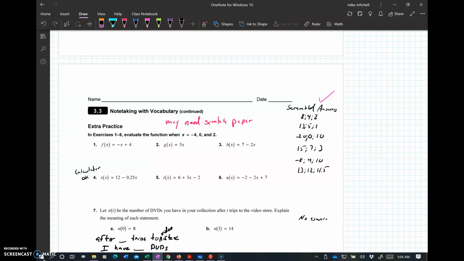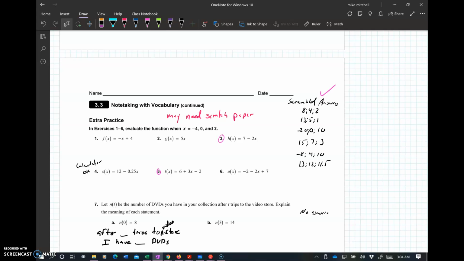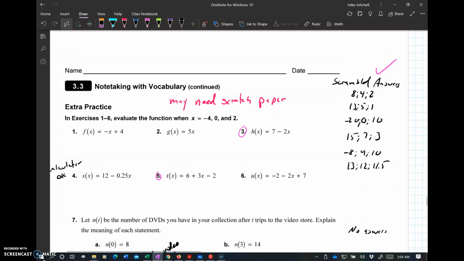Let's try 3 and 5. We're evaluating the function when x equals -4, 0, and 2. The way I'm going to write this, you're probably going to need some extra space, so you're going to probably need some scratch paper. Just plan on it now.